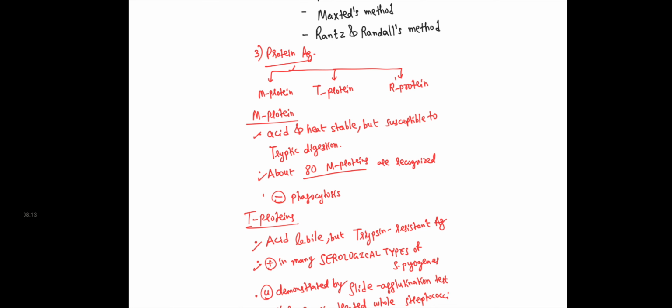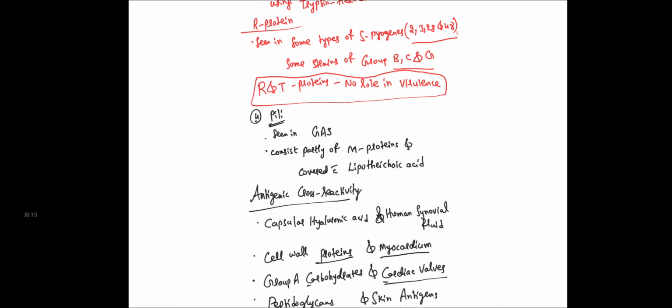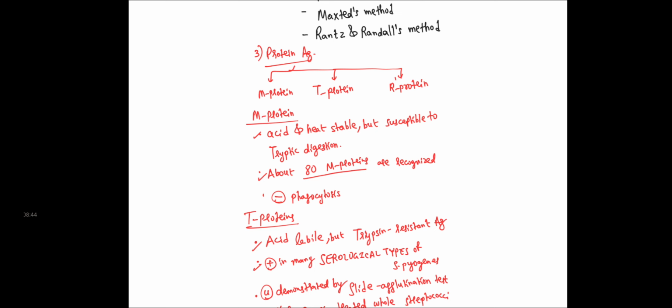R protein is seen in some types of Streptococcus pyogenes, say 2, 3, 28 and 48, and in some strains of groups B, C and G. R and T proteins have no role in virulence.